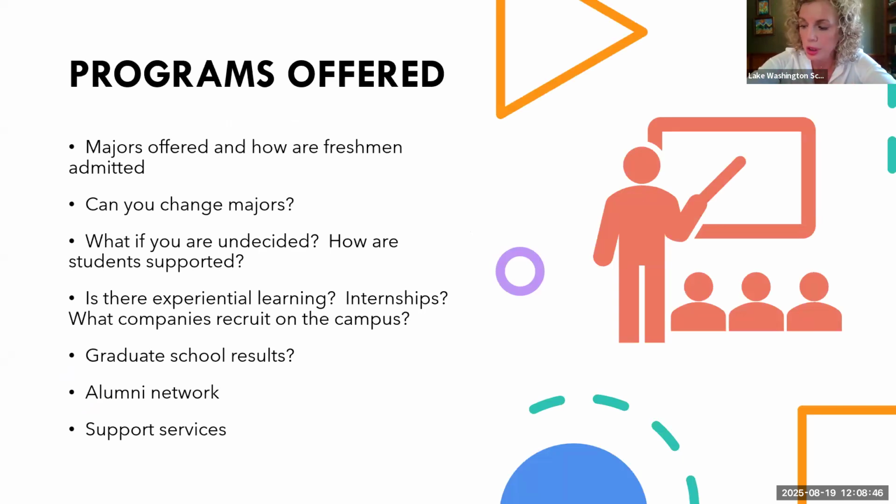If you're somebody who's interested in something like biology, that's probably offered everywhere. It doesn't mean the program is the same everywhere, but it's a widely offered one. If you're interested in, I don't know, forensic science, that is not as broadly offered of a major. So you need to find out, what majors are offered, how are freshmen admitted? And again, sometimes you can find out on a website, sometimes you're going to have to ask the question to admissions.